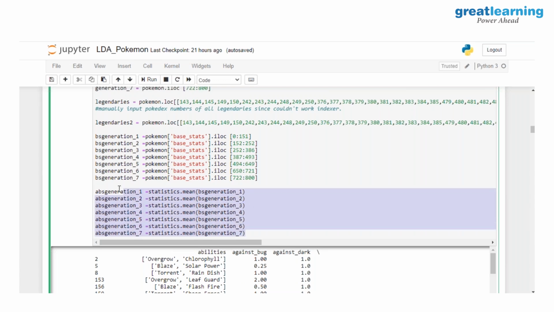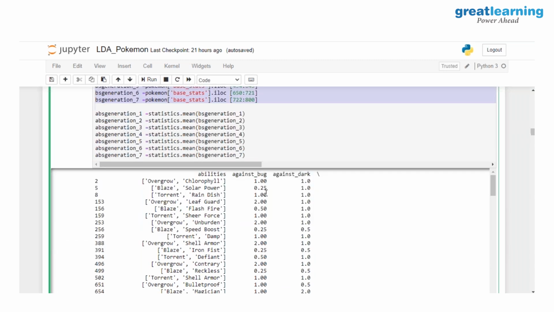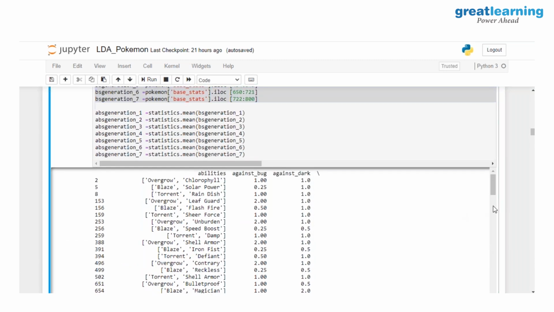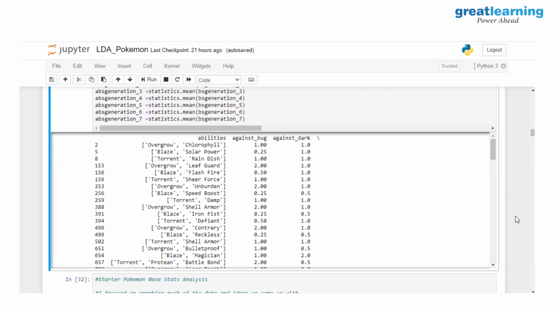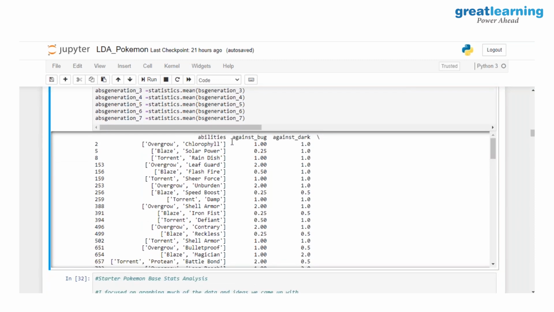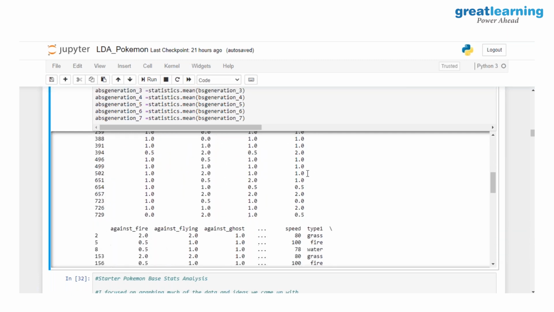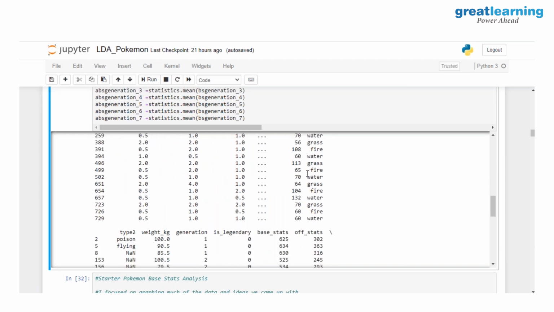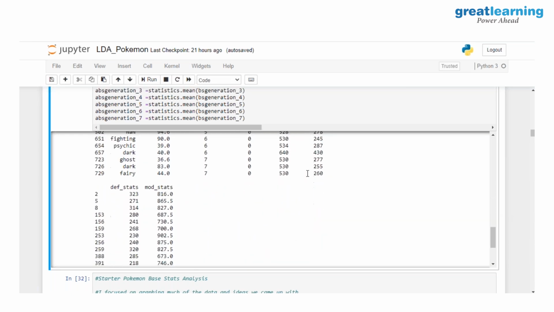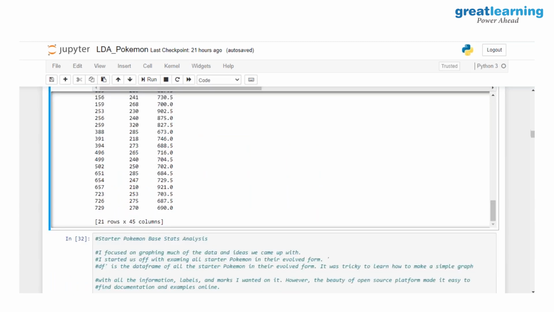Now we also did what is called the average of these 7 generations' base stats, and you can see this was an understanding that we got specifically for their abilities against bug and against dark. I mean, we can print any of these values, that completely depended on us, but all these values you can see we started to classify commonly based on the generations.